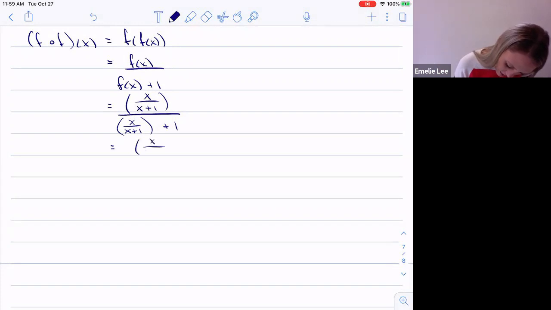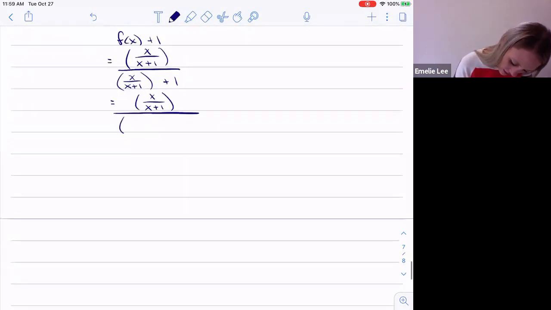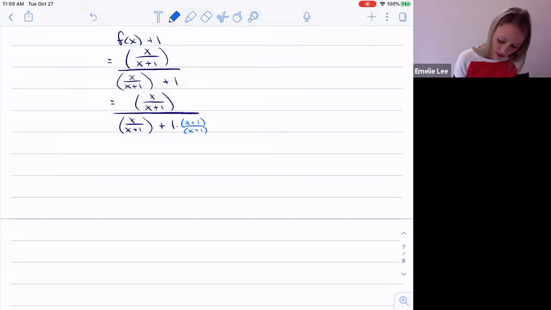So I have x over x plus 1 divided by x over x plus 1 times x plus 1 over x plus 1, forcing that common denominator of technically 1 times x plus 1.